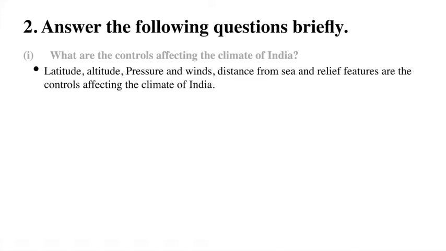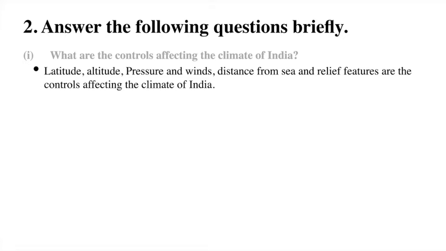First is latitude. Latitude affects the temperature. Altitude also affects the temperature and rainfall. Pressure and winds, that is the chief control that affects the climate of India.